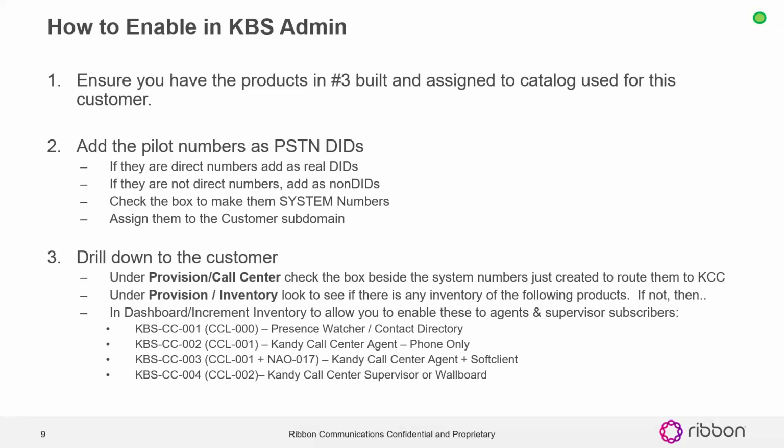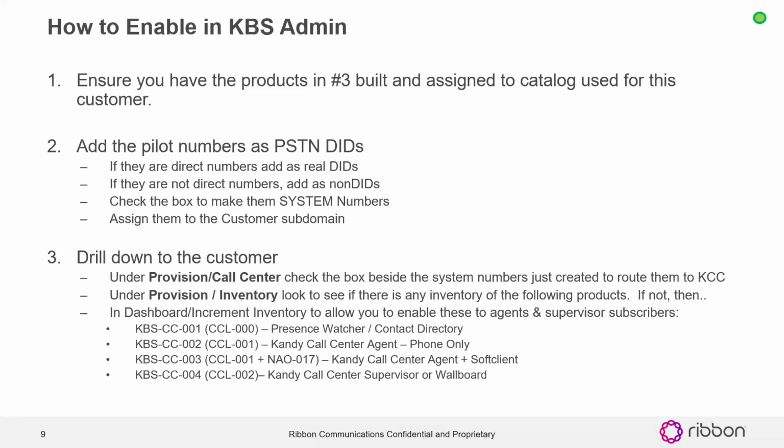Now, another prereq for KCC is that we do need to designate telephone numbers as pilot numbers for the actual services, so for the queues that we are going to route calls to. That means having numbers inside the system which are designated as system numbers and which are unallocated, and we'll get back to those in a little second.